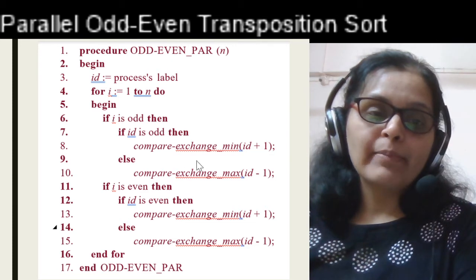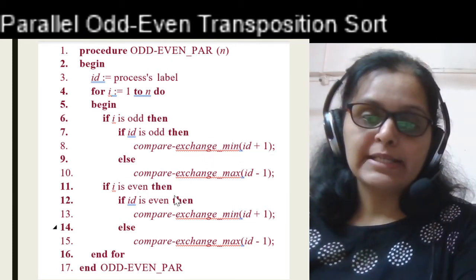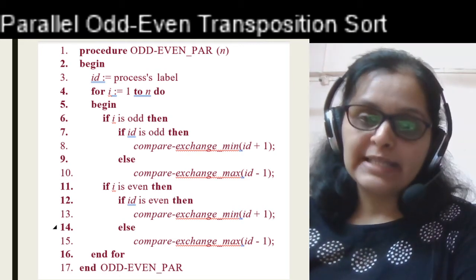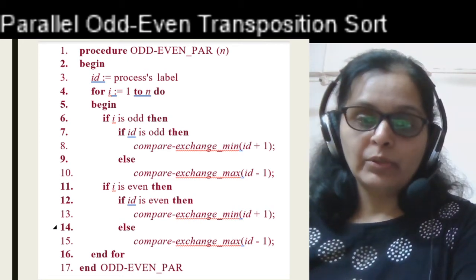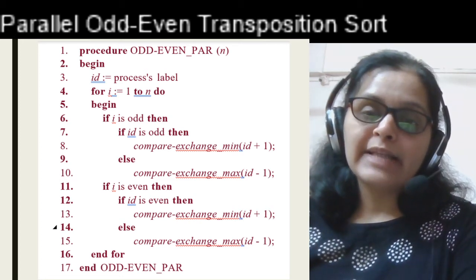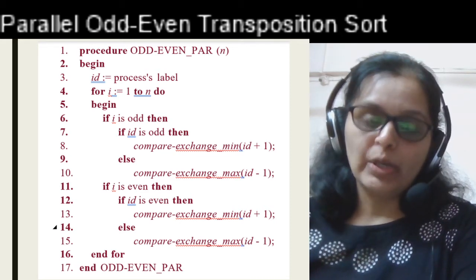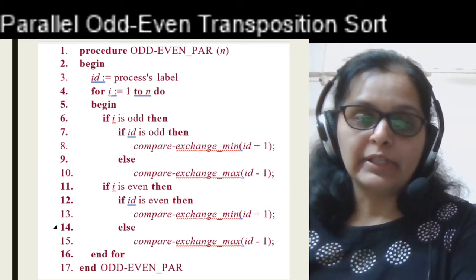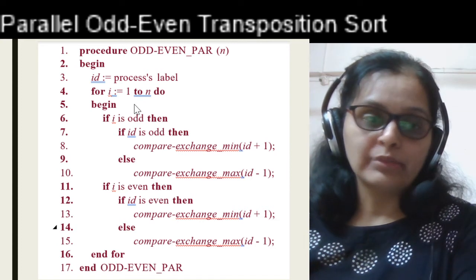Again the same steps are repeated on the even index. So array index also is checked whether i is even or odd, and accordingly you just go ahead, and inside that you are checking the process id also, whether the process id is odd or process id is even. So this is the algorithm by the author.